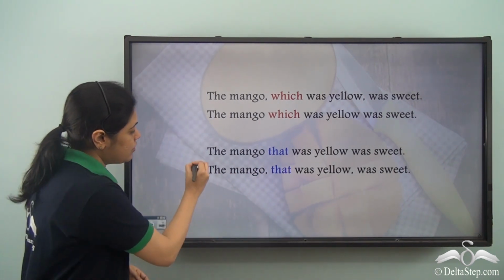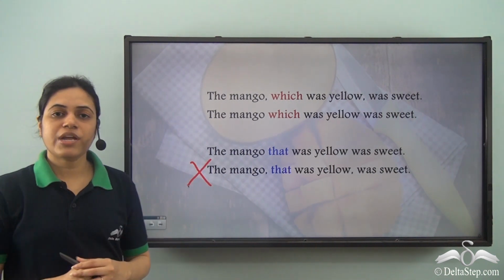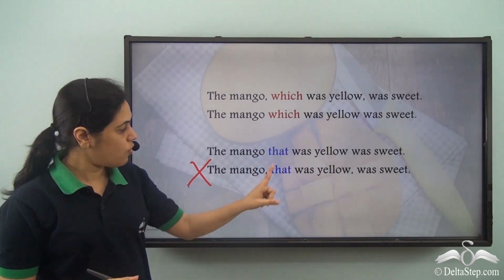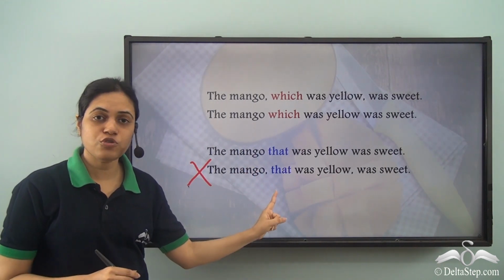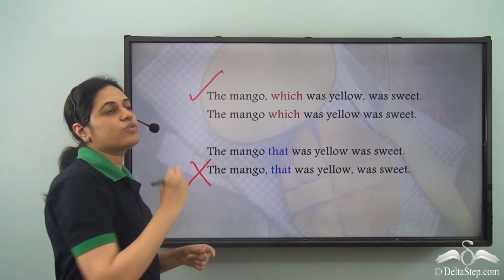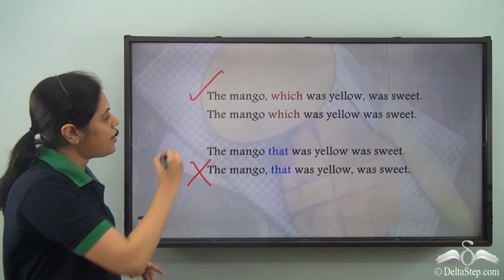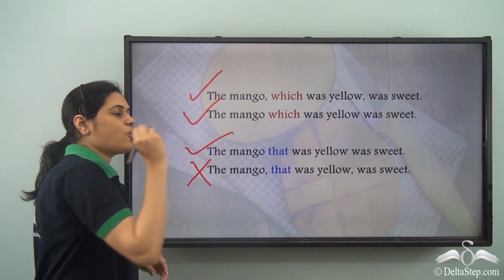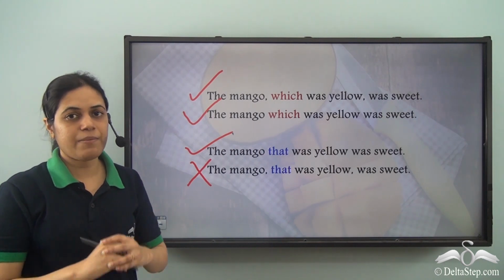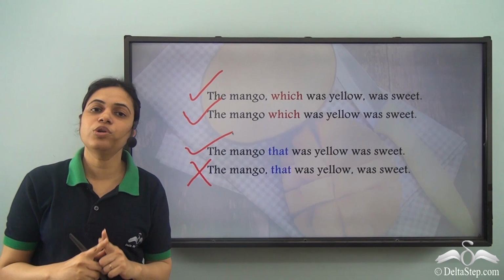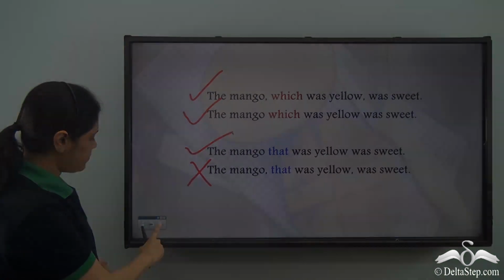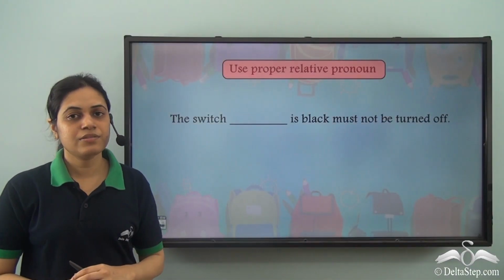Well, we don't write sentences like this. So we don't use that with commas. If we have to use commas, we use which. Without comma, I can use a which or a that, any of them, but if I have commas, I can use only which.